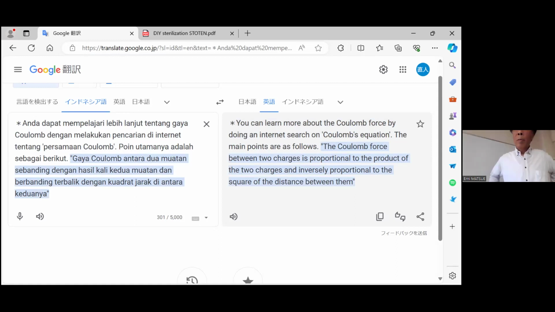Yes, but for more confirmation, now by using your smartphone or PC, could you search Coulomb force or Coulomb's law? I give you 2 minutes. Please check the equation of Coulomb's law using your smartphone now. In 2 minutes, okay? You can find it very easily. Okay.